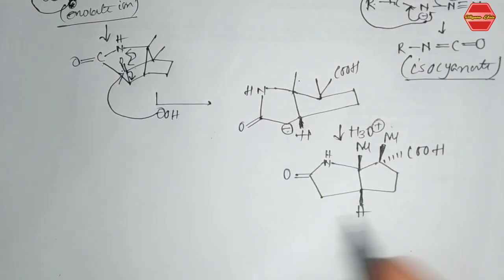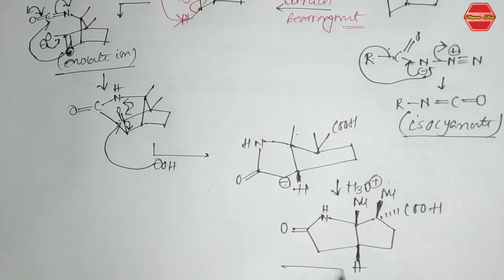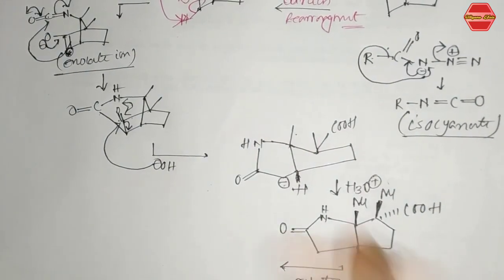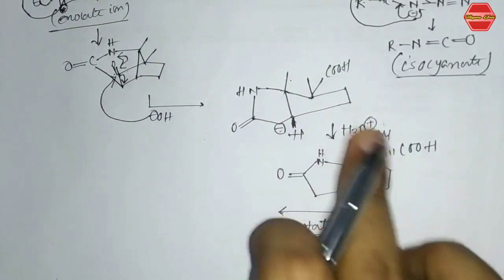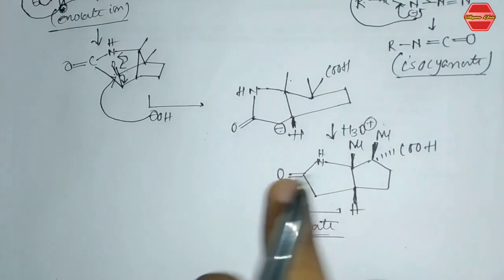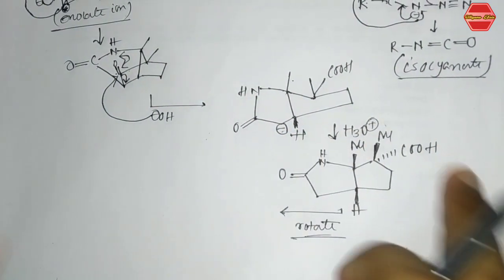So how do we convert this one to the given answer? You have to rotate this one, just flip this one. This lactam part is on your left side, and you flip it like this, so that we get this lactam part on your right side.